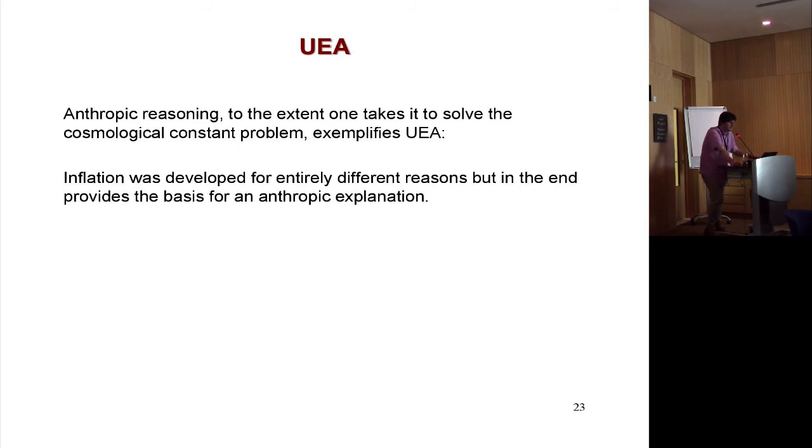What is the new aspect of the world? The new aspect of the world is the fine-tuning of the cosmological constant. And the explanation goes, starting from the inflationary perspective, via the multiverse, via the anthropic reasoning that can play out in this context.